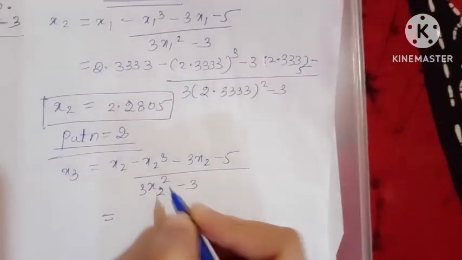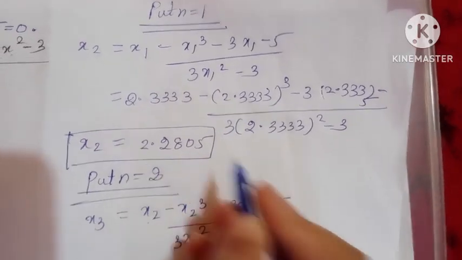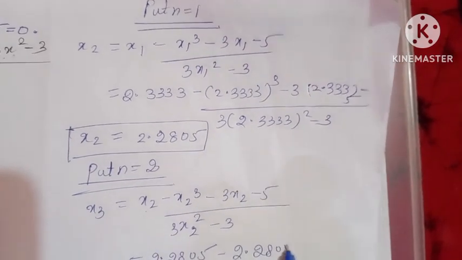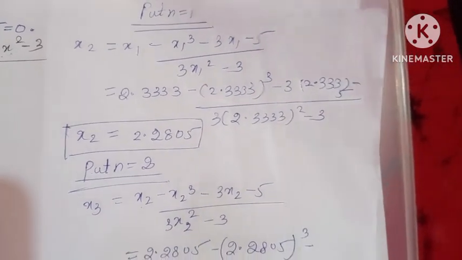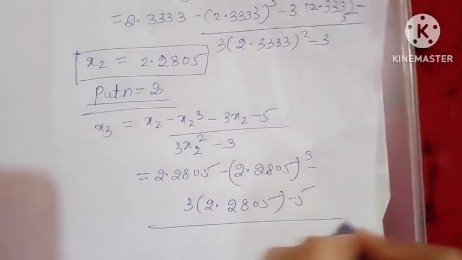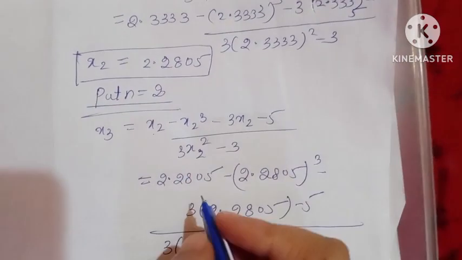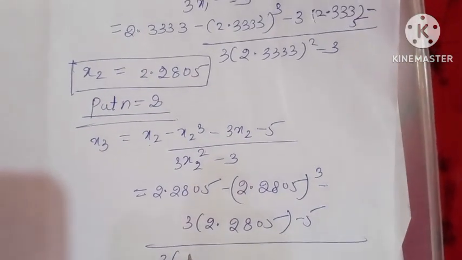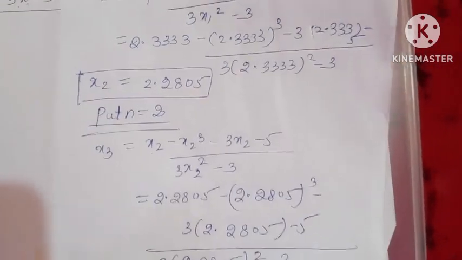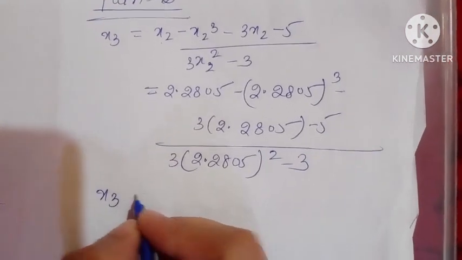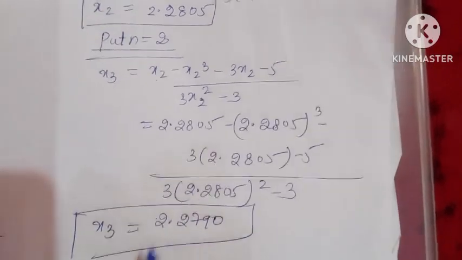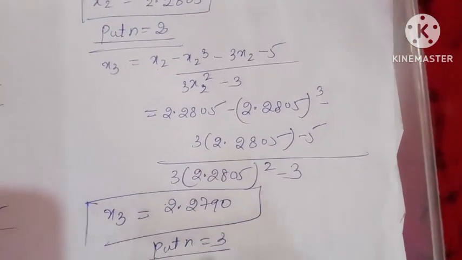So in the place of x2, you will substitute 2.2805 minus 2.2805 the whole cube minus 3 into 2.2805 minus 5 the whole divided by 3 into 2.2805 the whole square minus 3. So with the help of scientific calculator, we get x3 equal to 2.2790.